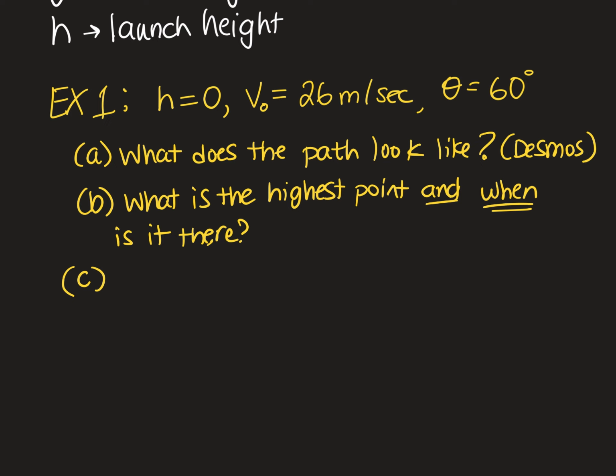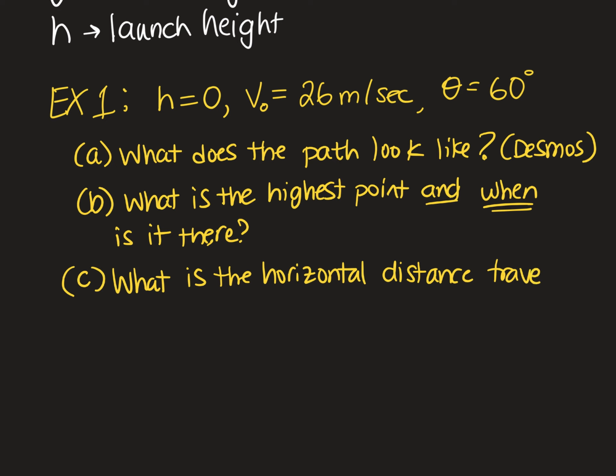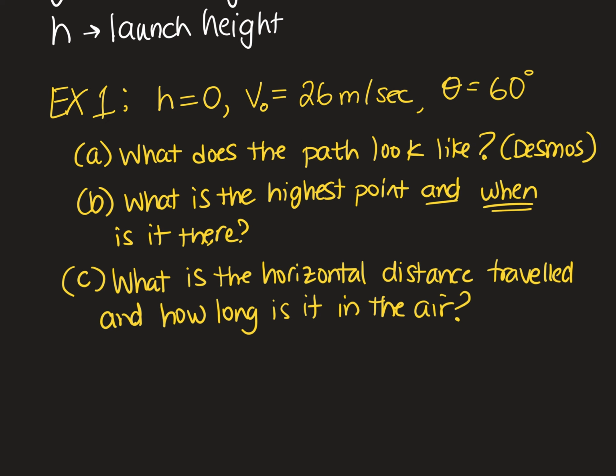I'm going to just say, what is the horizontal distance traveled and how long is it in the air? So these are the three questions that we're going to ask. And we are going to use Desmos to answer all of these questions.